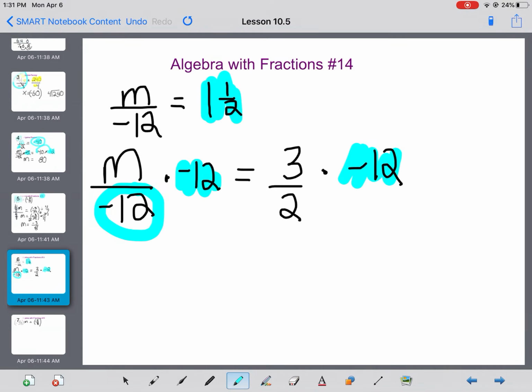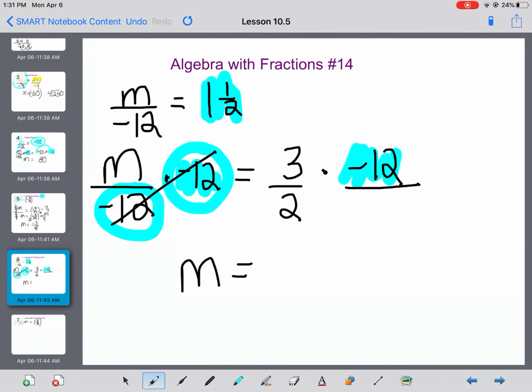Now remember, make sure you only write out the new thing. I'm not dividing by -12. That was already there. This is my new thing that's happening. Okay? So I get m all by itself because these guys cancel out. And then actually what I can do up here is I can make my -12 into a fraction. I can cross cancel by dividing by 2. So I get 1 and I get 6. And then I get 3 times 6 is 18.